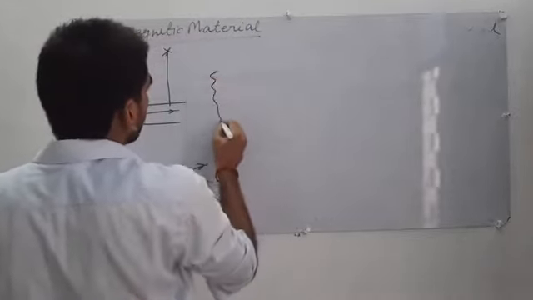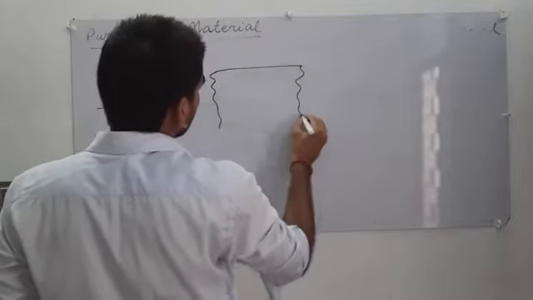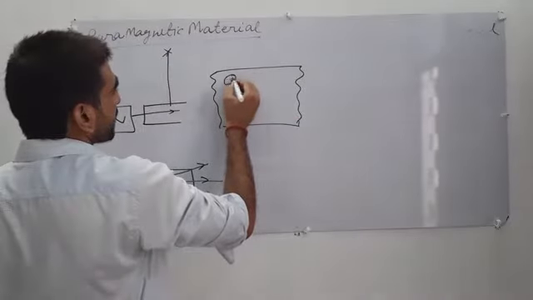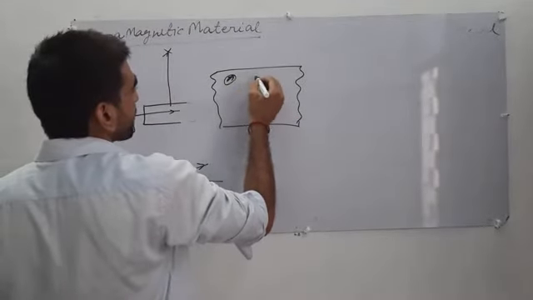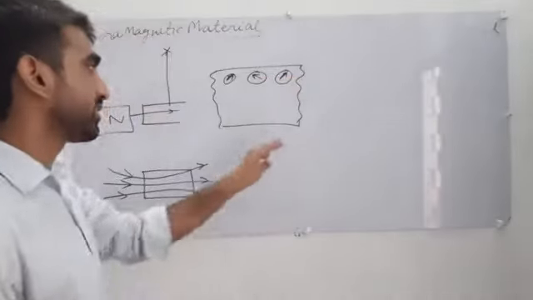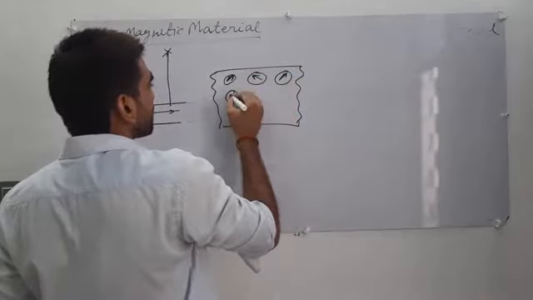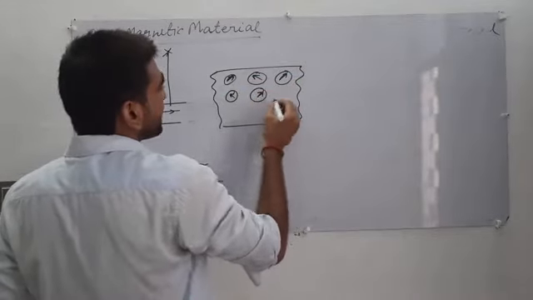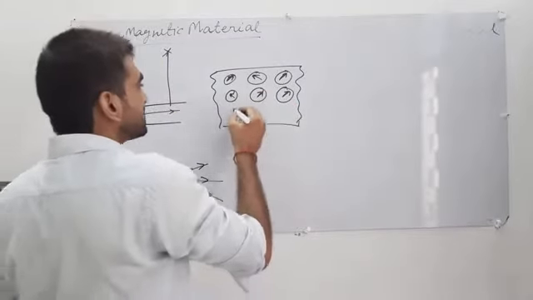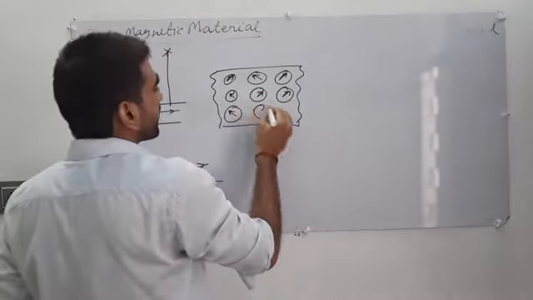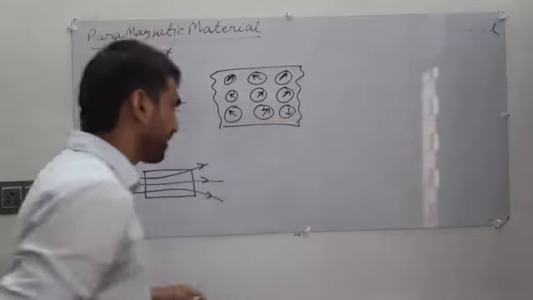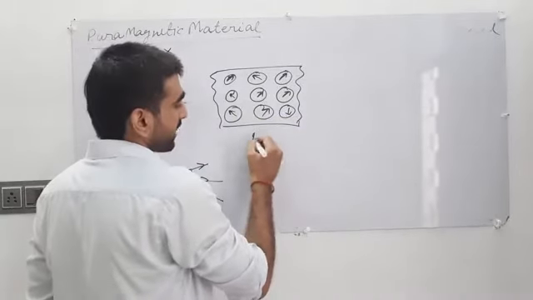If this is a specimen of paramagnetic material, the various atoms are aligned in the absence of an external magnetic field in such a way that they cannot produce a net magnetic field, because they cancel each other's magnetic dipole moments, as they are not in the same direction. At this time H will be 0.